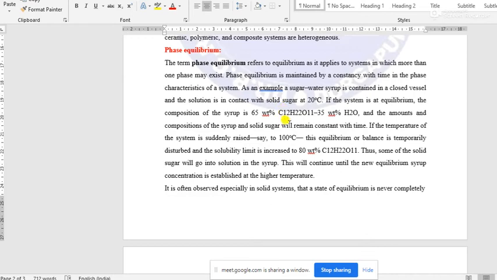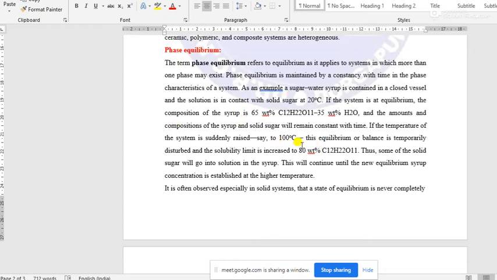When you raise the temperature to maybe 50, 70 or 80 degrees Celsius, the equilibrium condition will be temporarily disturbed, and if the solution is adjacent to the solute, that means the sugar, then in no time the sugar will readily dissolve into the syrup.